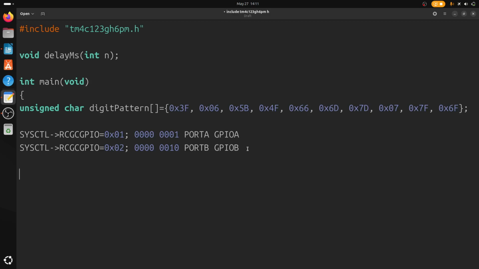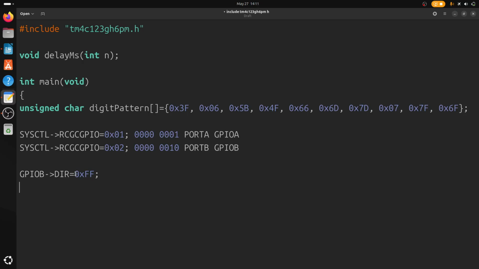After this, I have chosen port A and port B already, and now I have to select the pin of that particular port, right? That's why GPIO-B. And here I'm choosing DIR. What is the function? DIR is a 32-bit register, and what DIR says is to choose the pin of the particular port as an output or input.